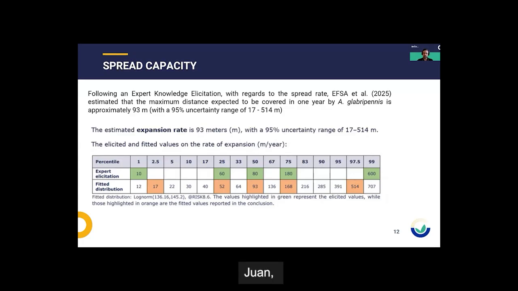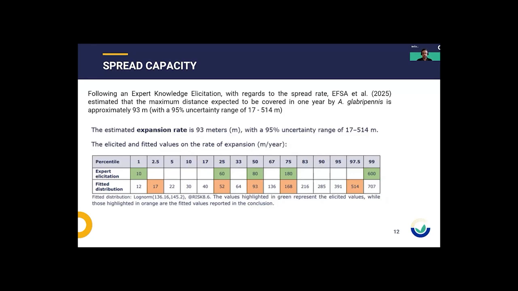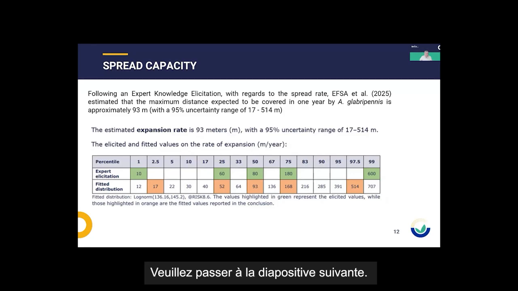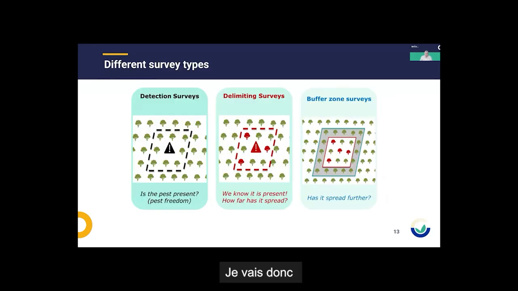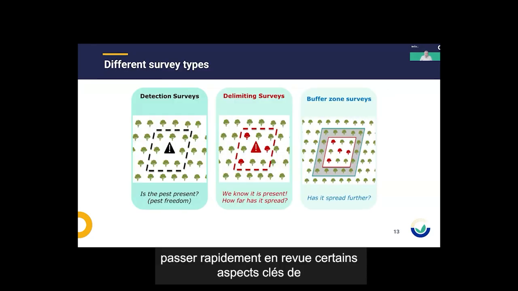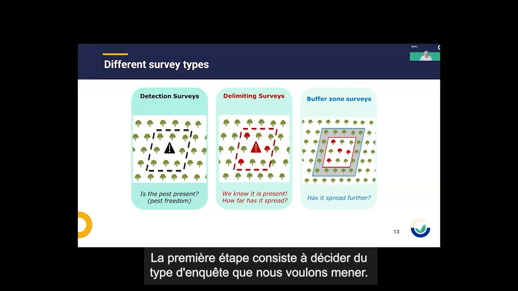So Juan, could you briefly introduce the EFSA survey methodology? Yes, please. Next slide. I will quickly go over a few aspects of the EFSA statistical survey methodology, because they have already been introduced in previous webinars. The first step is to decide which type of survey we want to perform.